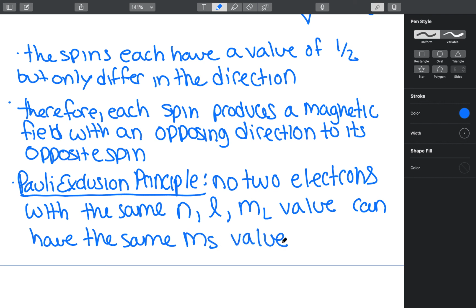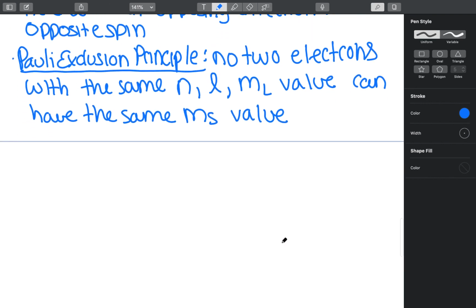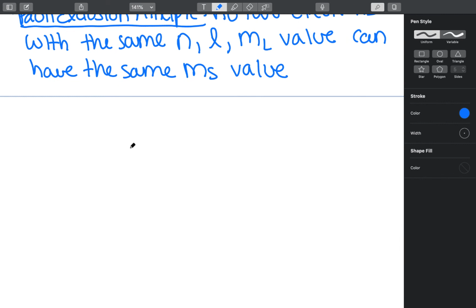So what does that mean? Let's look at the 2p subshell.